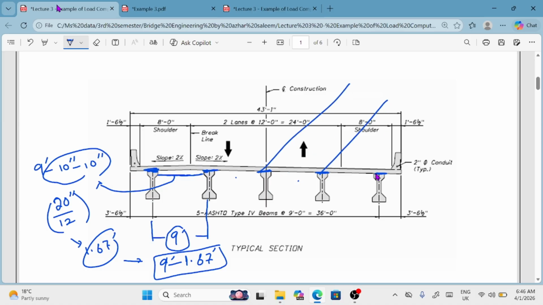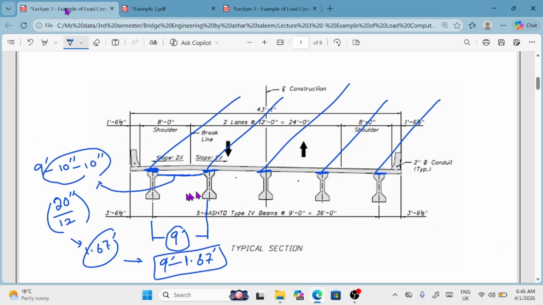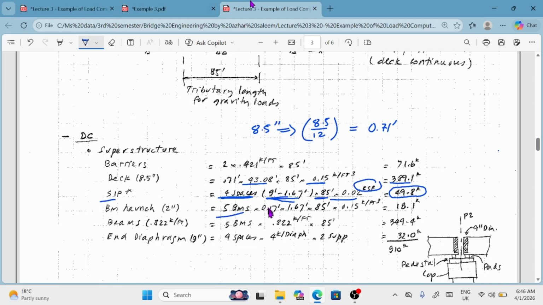So 5 beam haunches, because there are 5 beams, 1 2 3 4 5 beams. Each beam haunch is 0.17 multiplied by 1.67. 1.67 is each beam haunch width. This is its width, this is its thickness, and this is length.